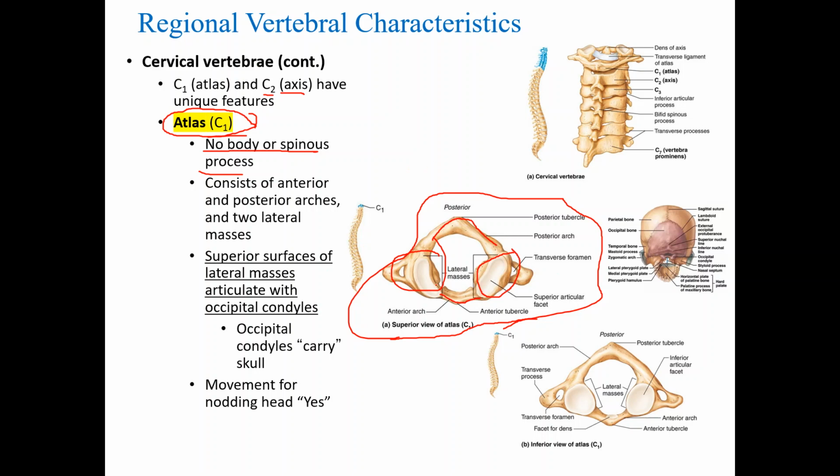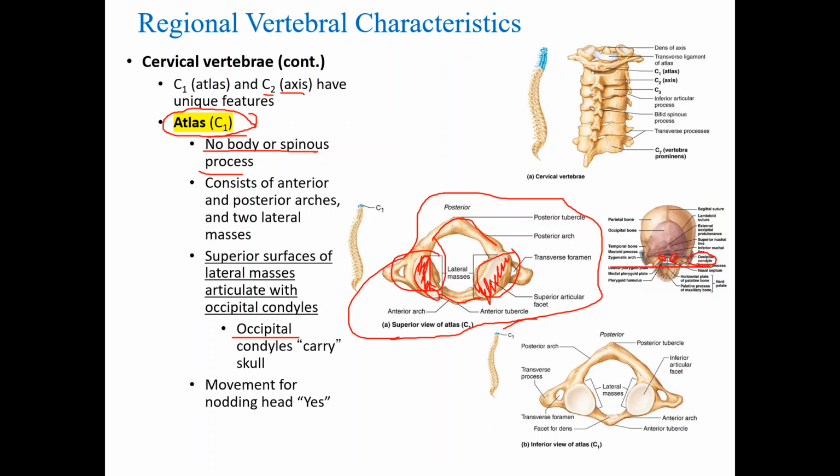And the superior surfaces of the lateral masses are these superior articular facets here, I'm trying to highlight them here. And these are important because they articulate with the occipital bone. Okay, the occipital bone, I have it here, has a feature in it, which is, of course, left and right, the occipital condyle, okay?